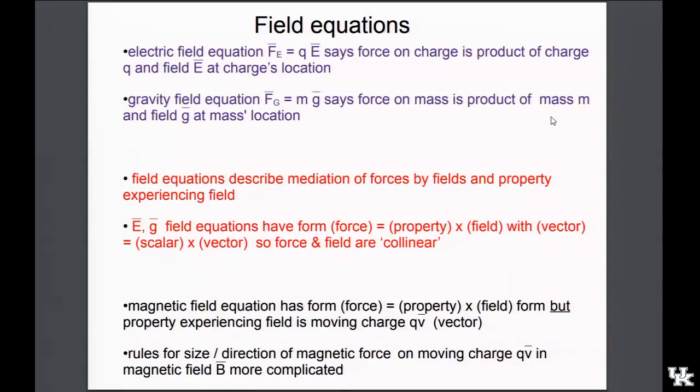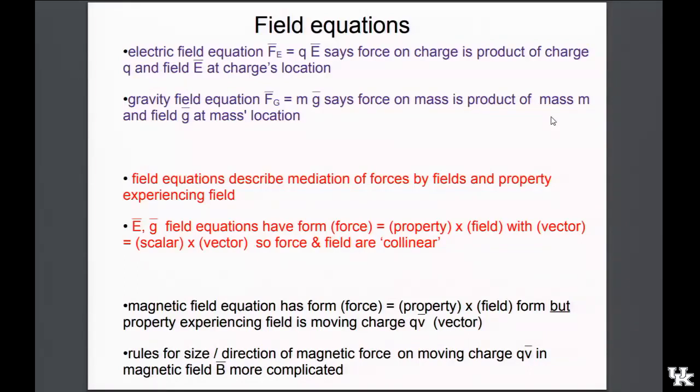You didn't know it, all that time you were using it in Physics 211. That's a field equation. It tells you how gravity works through the gravitational field. And so those are two field equations we're familiar with, we know and love them.